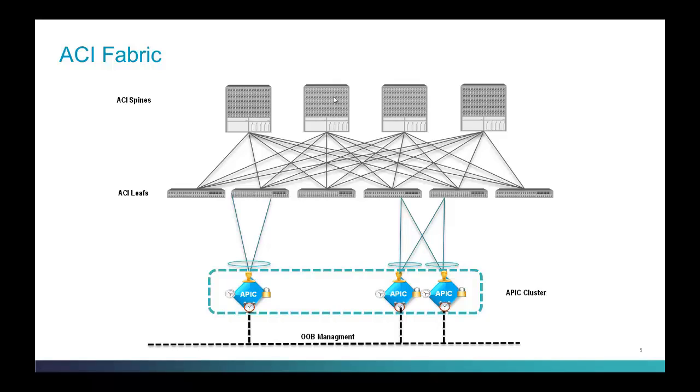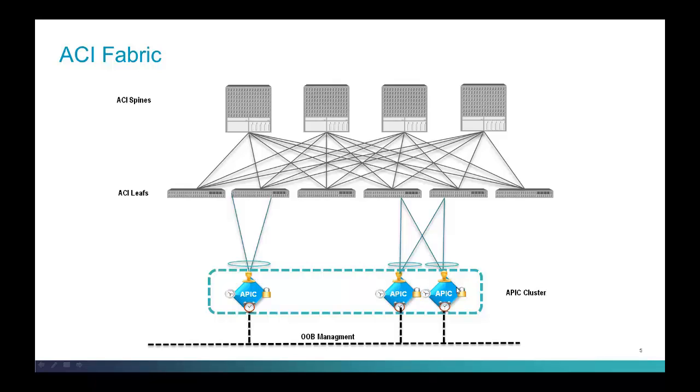So I discussed the APICs in the previous slide. You actually have to have a minimum of 3 to form a cluster. Otherwise it won't work. You need to have some sort of redundancy to fall back on. So what happens is, when a cluster is formed, all data is synchronized between all APICs. So if an APIC made an update to a local leaf here, in a very short space of time, the other APICs will know about it as well.